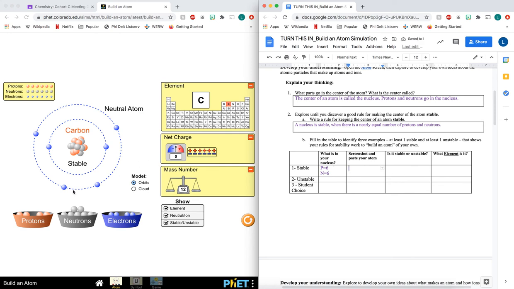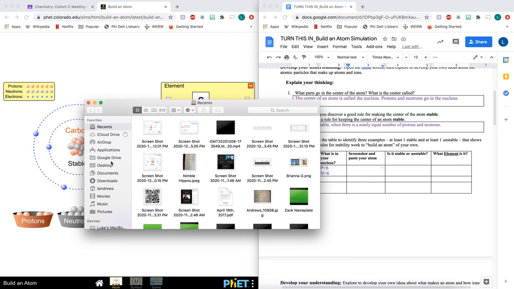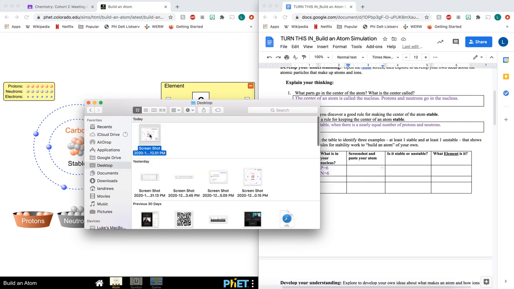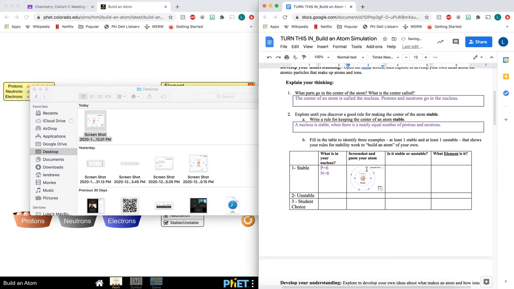So if you're on a Mac computer, you'll hit Shift Command 4, and these little crosshairs will come up. You can then click and drag over a region of the screen to take a screenshot. And then that screenshot will pop up on your desktop, and you can just click and drag that into your table.